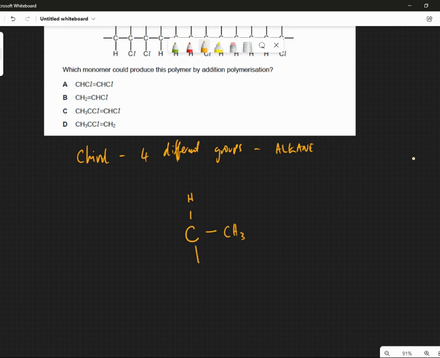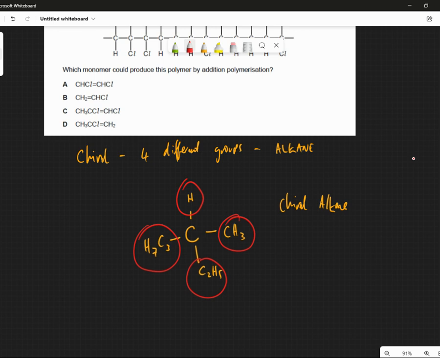The third group can't be an H or a CH3, so it's going to have to be a C2H5. The fourth group can't be an H, CH3, or C2H5. It must be a C3H7. So this molecule is a chiral alkane, because it has 4 different groups.